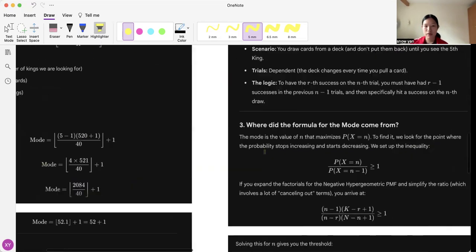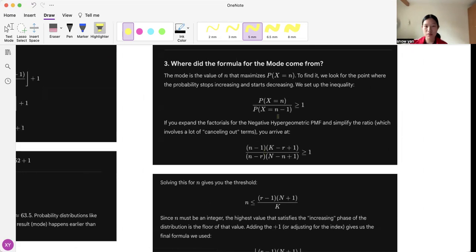That's the idea. And how we got this formula was basically, if we know that the probability stops increasing and starts decreasing, then we can set up this equation so that P of x equals n divided by P of x equals n minus 1 is greater than or equal to 1. So that means that we stop increasing and start decreasing.